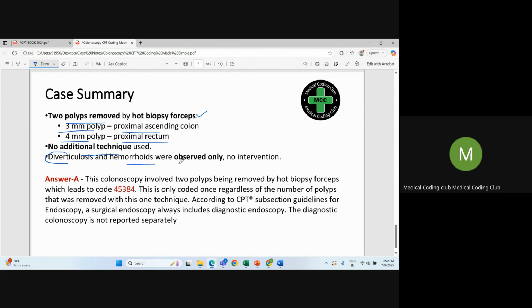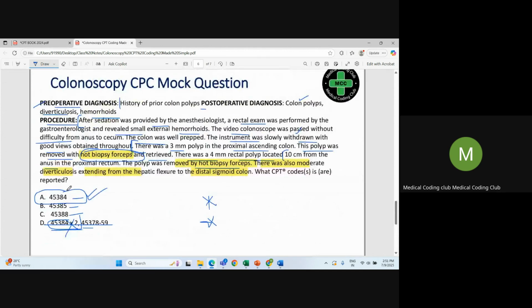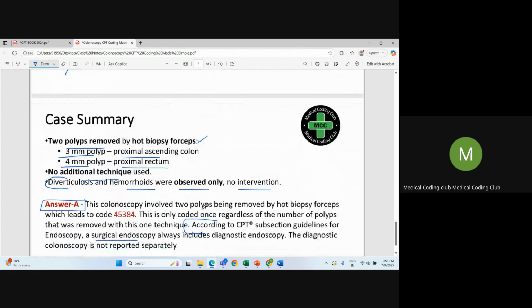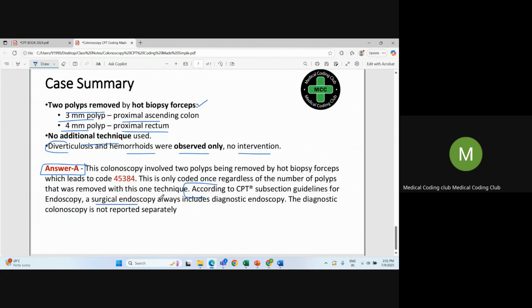Diverticulosis and hemorrhoids were only observed, and no therapeutic intervention was performed for them. According to CPT guideline, diagnostic is included in the surgical procedure. So your answer is option A, which is 45384.